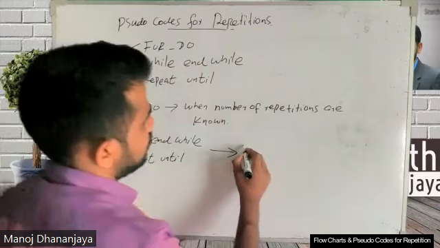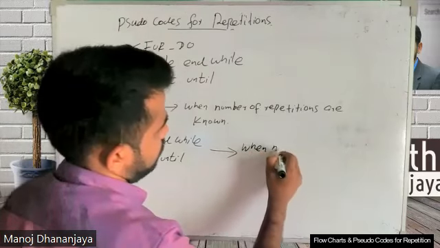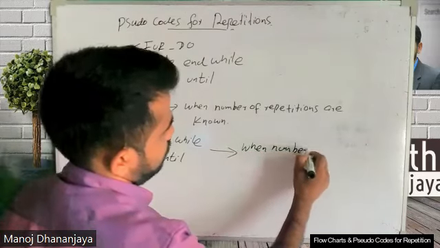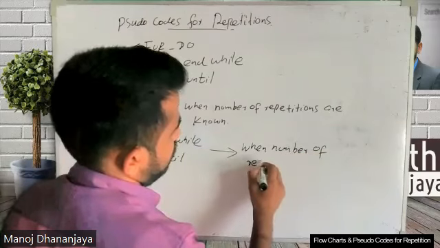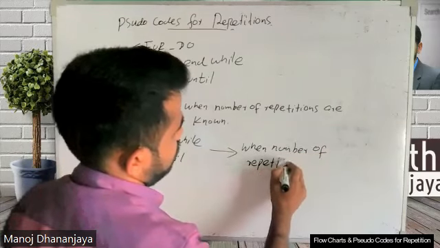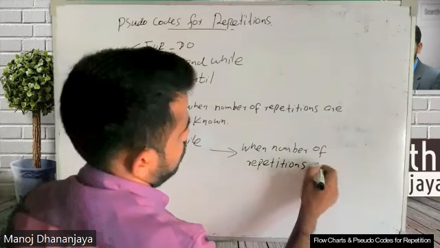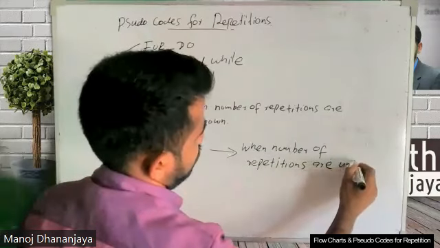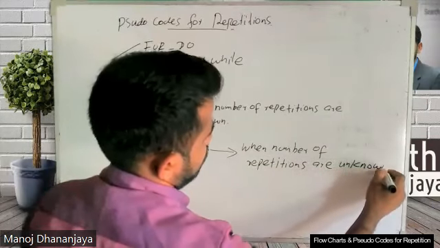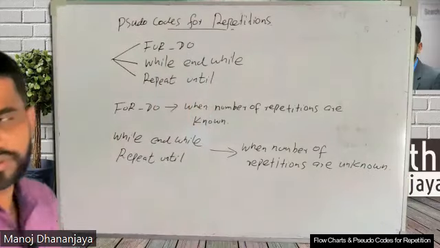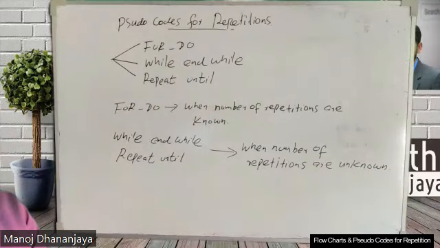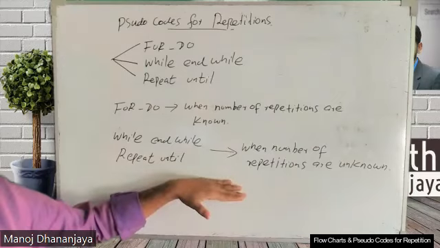We'll write it here: when the number of repetitions is unknown. Right, write down these two. We'll take an example for the last one, right?